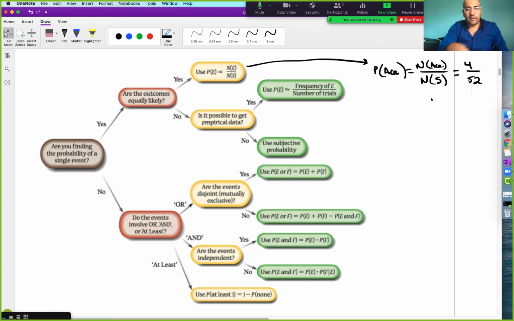You're at the table, there are those little roll packets, you take one out and scratch it. Is it a winning ticket? If the outcomes are not equally likely, then is it possible to get empirical data? Can you repeat the experiment over and over again to figure out an empirical probability?